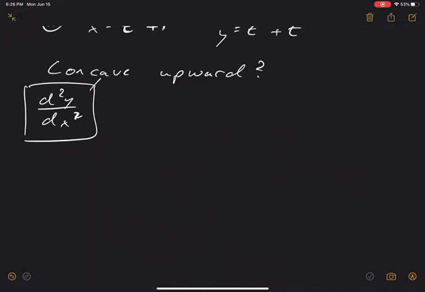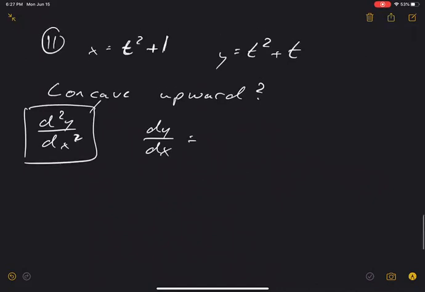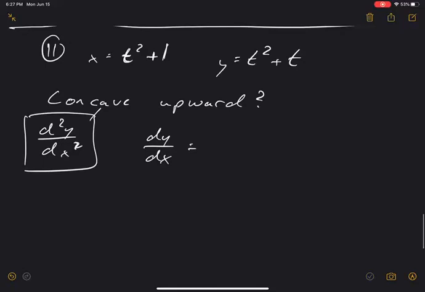So how do I find the second derivative? Well, first I need to find the first derivative, dy dx. From my formula for parametric equations, I know this is going to be dy dt over dx dt.